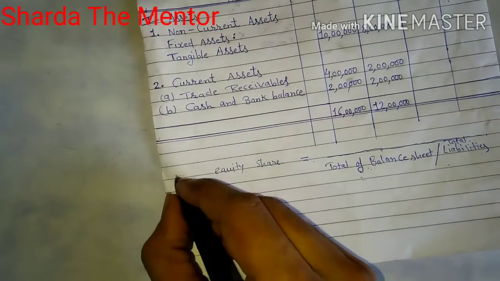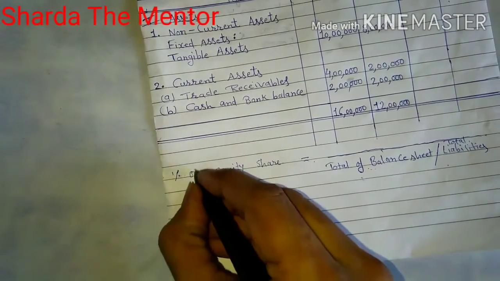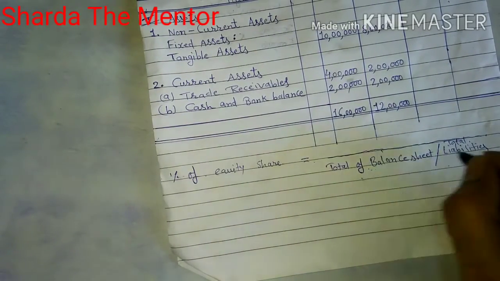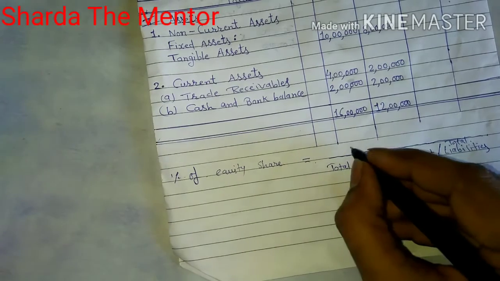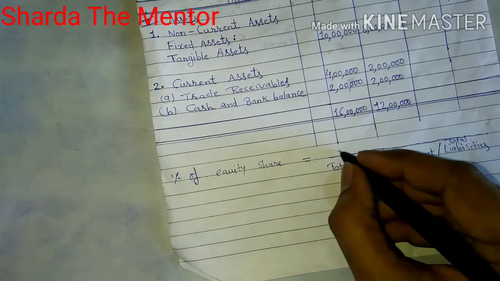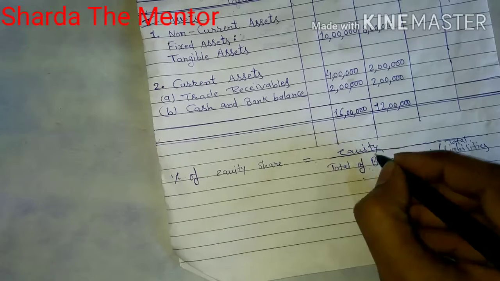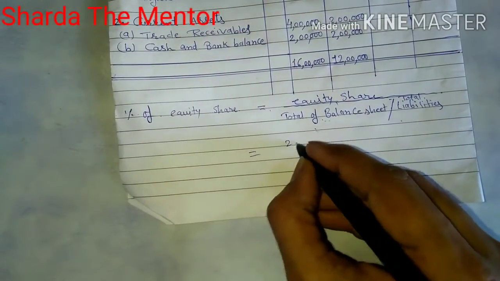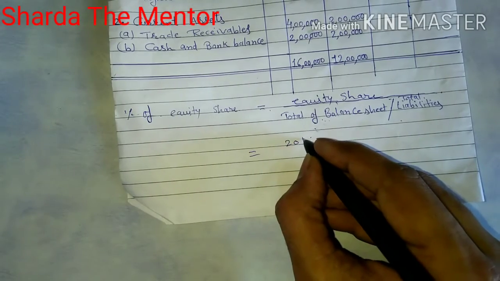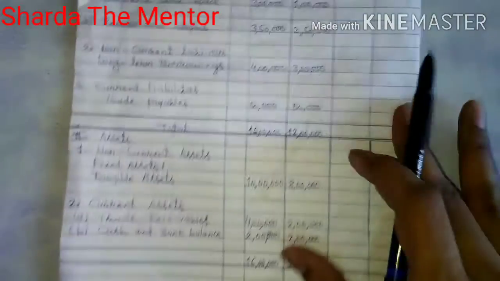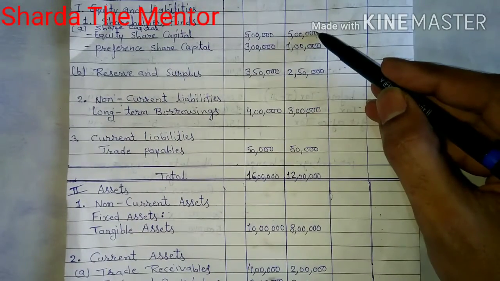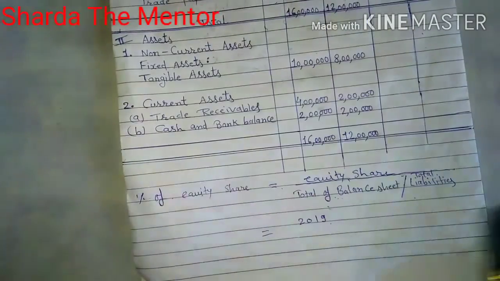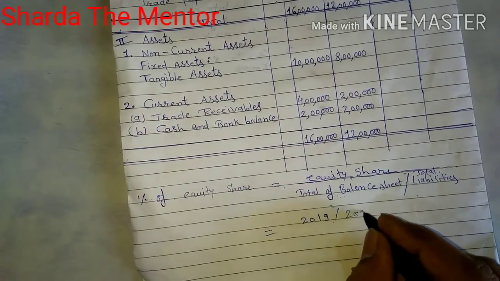Divided by whatever amount you want to know. Like I am going to know the percentage of equity share. So the total of balance sheet, total of liabilities, will be at the lower side, and at the upper side you will use the value. Like I want to know the equity share value, so it will be mentioned here. If I want to know the 2019 balance, here you can see that equity share, although unchanged, is 5 lakh for 2019 and the same for 2020.